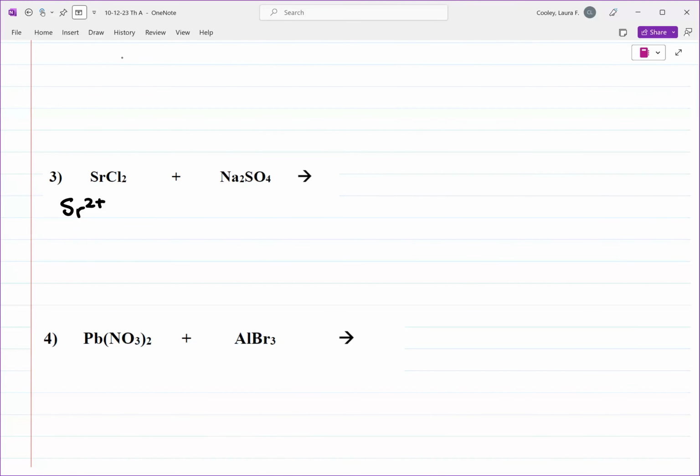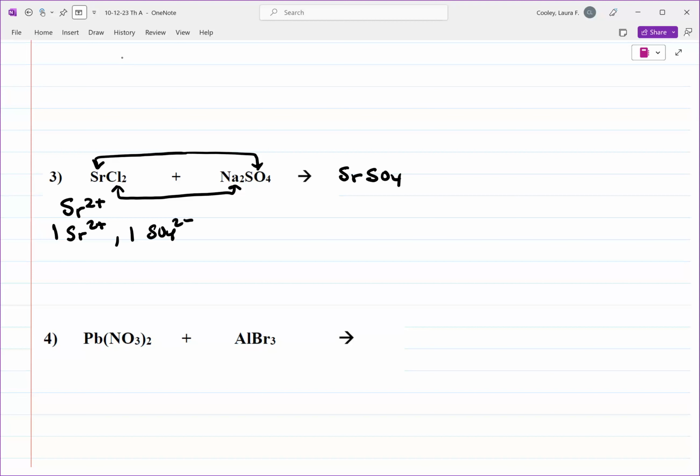So when I do my double exchange here, give me one product. Well, wait, no, sorry, you can't pair two. SrSO4, right, because I have one strontium 2 plus, one SO4 2 minus.